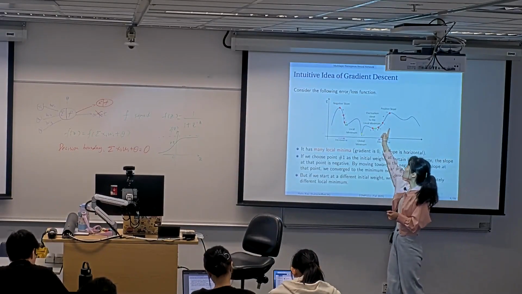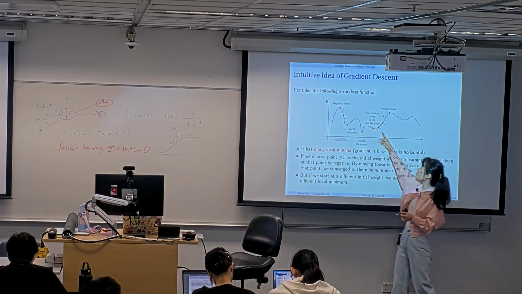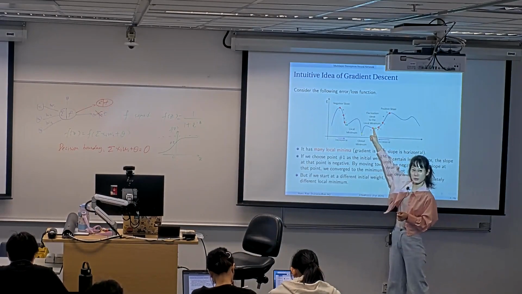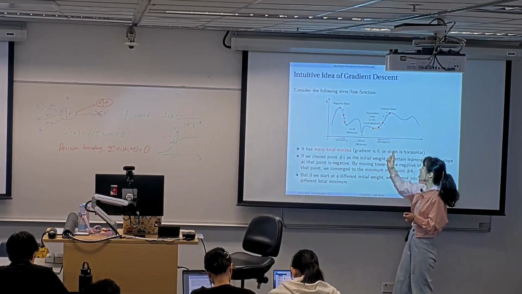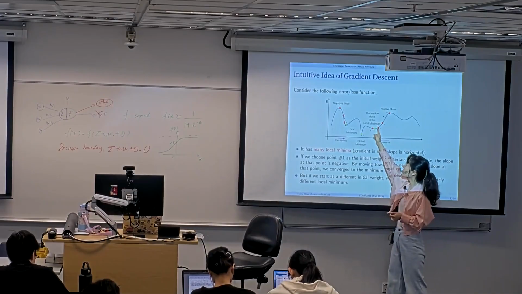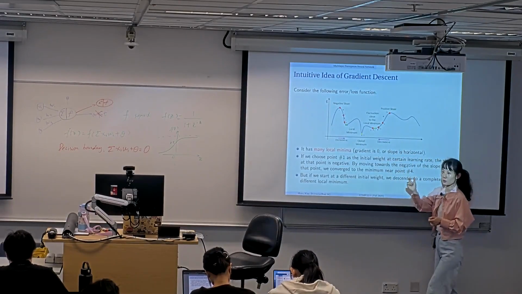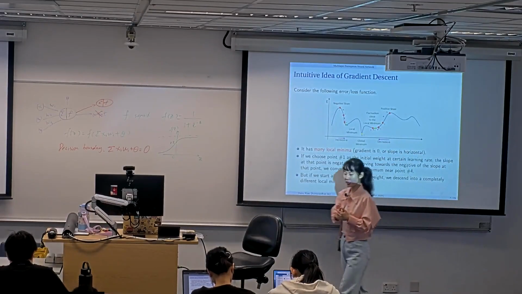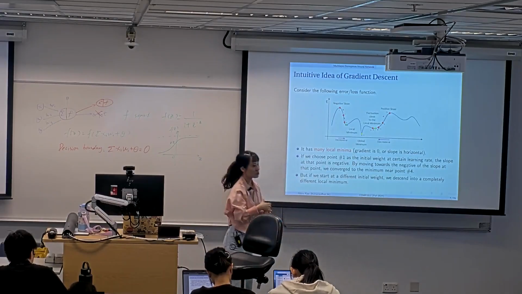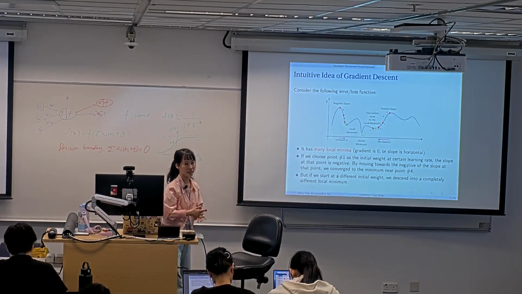Instead, you go to point 6, because the learning rate is too large, so you jump over the local minimum to the left side, and possibly the next step you will again go to some point here, and then you keep oscillating. That is still very slow because you can't reach the local minimum. Yes, very good point. So if the learning rate is too large, you get oscillation. Too small, and your training is slow.